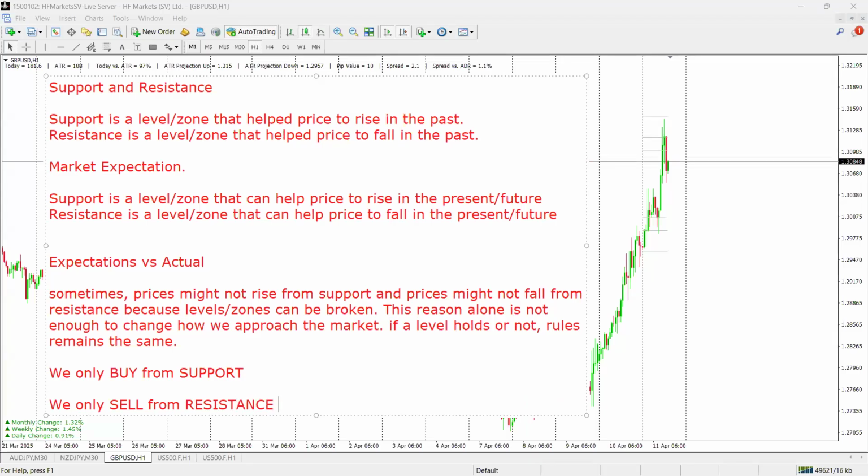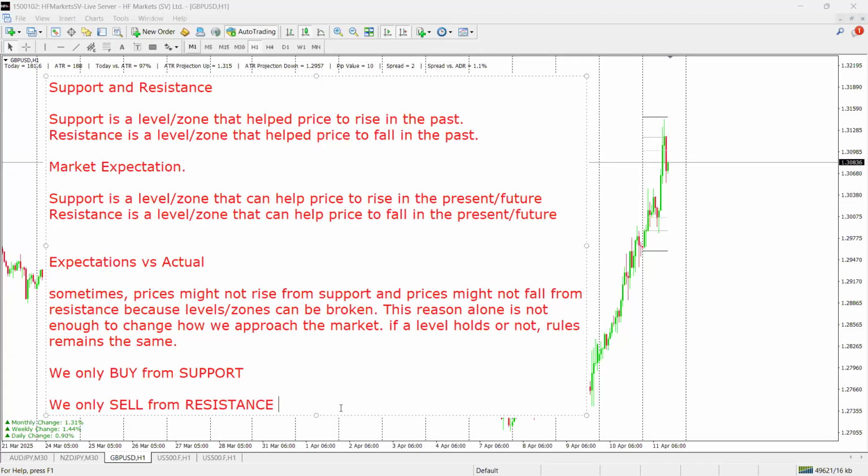Irrespective of if support could be broken, irrespective of if resistance could be broken, irrespective of the fact that levels can be shattered by prices in the market, it does not change the rules that we already have.